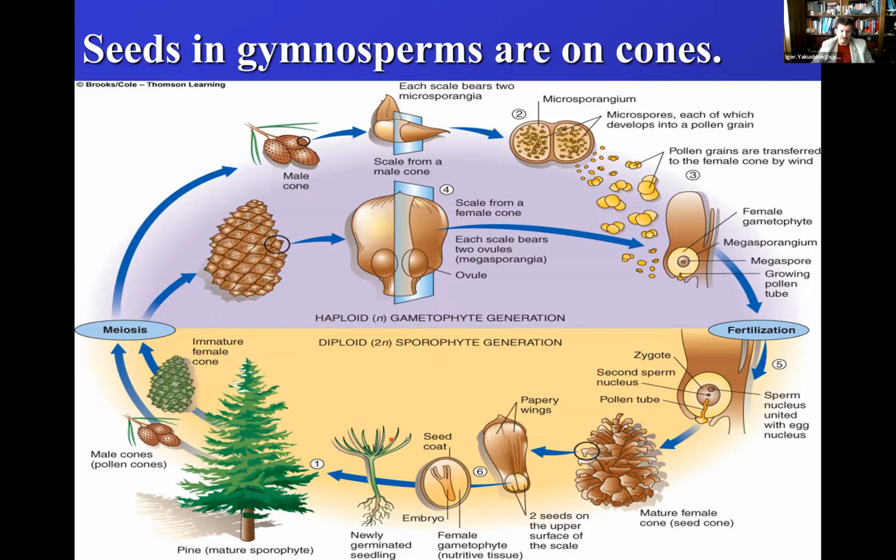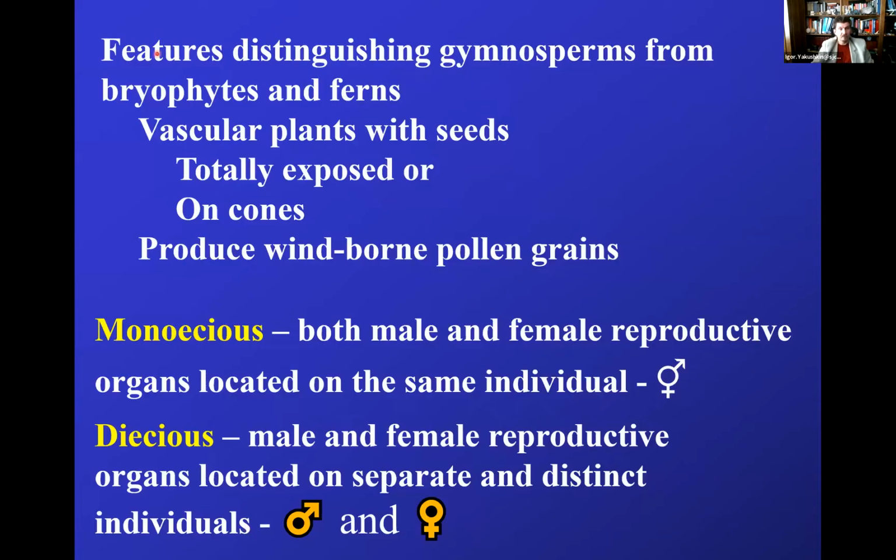And then we'll start looking at the newly germinating seedlings. Over a few years, it will grow into a complete tree, okay? So once again, vascular plants with seeds, but the seeds don't have fruits. They are totally exposed, just kind of hanging there, or they might be on the cones.